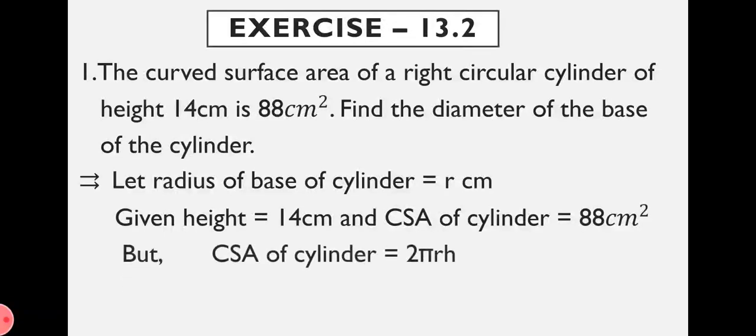Now we know that the curved surface area of a cylinder is equal to 2πrh. Inserting the values, we write the curved surface area 88 cm² equal to 2 into 22 upon 7, which is the value of pi, into r, which we have to find out, into 14, because the height is given as 14.